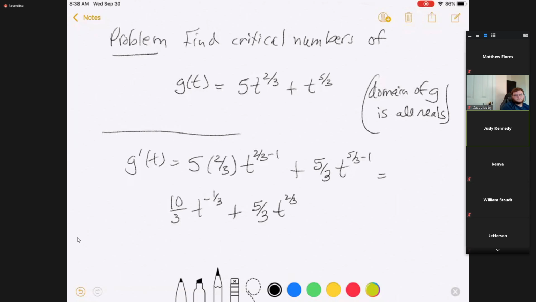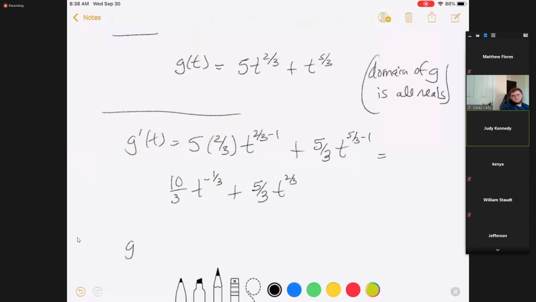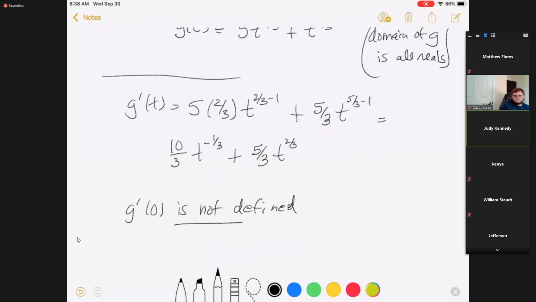Now, this function does not have domain all the reals. G prime of 0 is not defined, because that t to the minus 1/3 is really 1 over t to the 1/3.